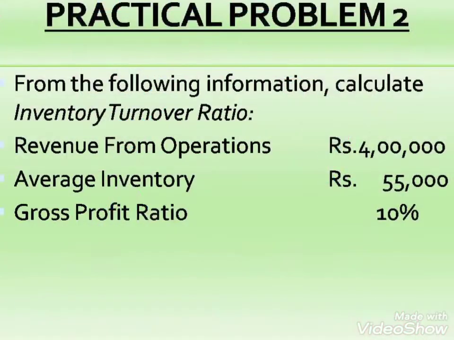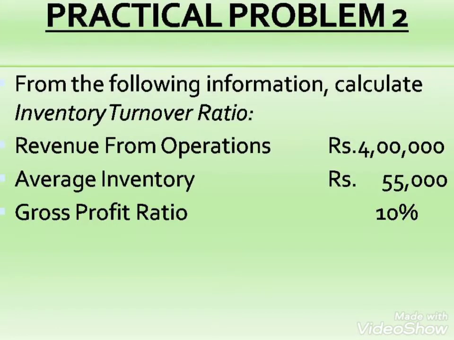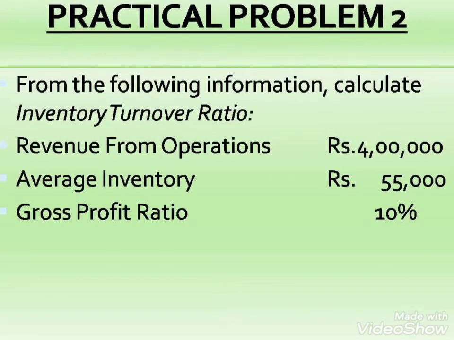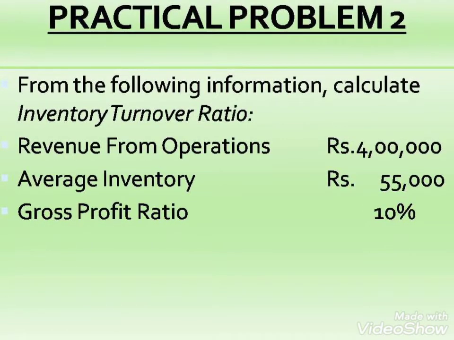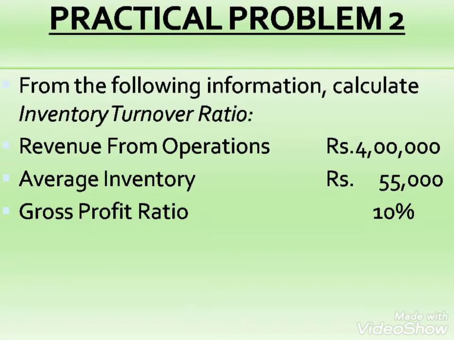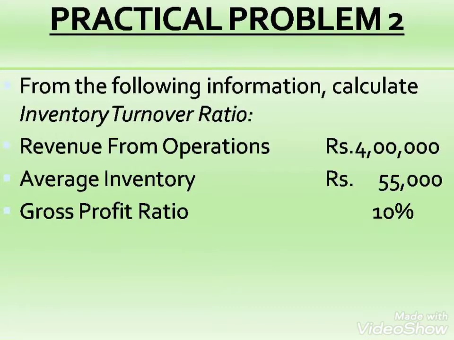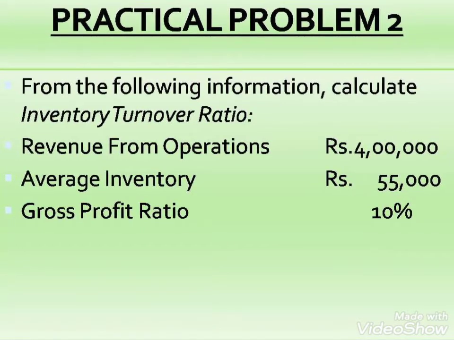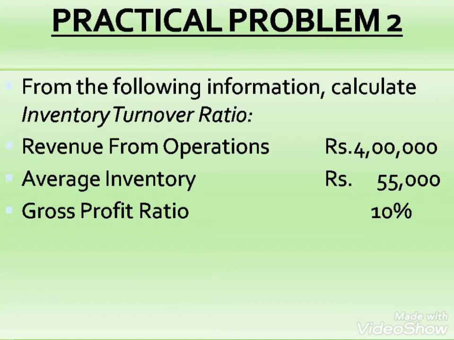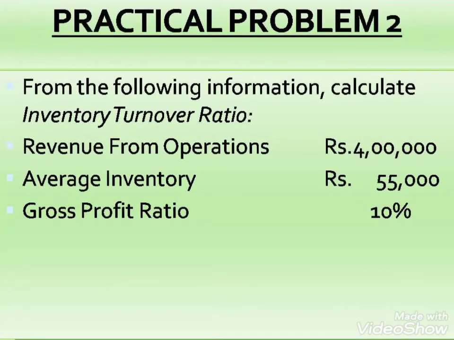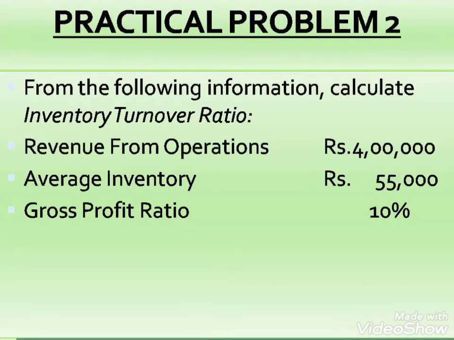And in the second practical problem, the information is given like revenue from operations, average inventory, and gross profit ratio. In this practical problem 2, the gross profit ratio is given at the rate of 10%. On the basis of this information, again we need to calculate inventory turnover ratio. Now let's go through the solution part of practical problem 1 and practical problem 2.